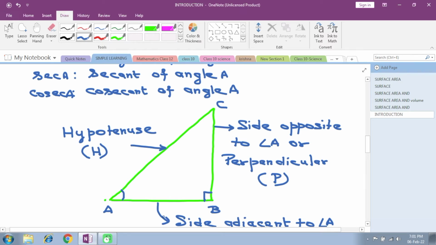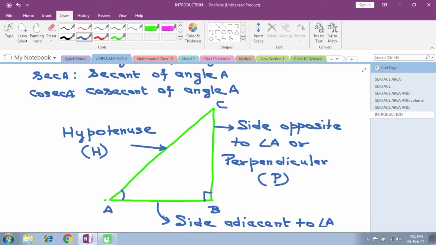If I consider angle A, which I marked, then BC is the side opposite to angle A, or it can be called the perpendicular for angle A. Any side which is opposite to the angle in question is the perpendicular.